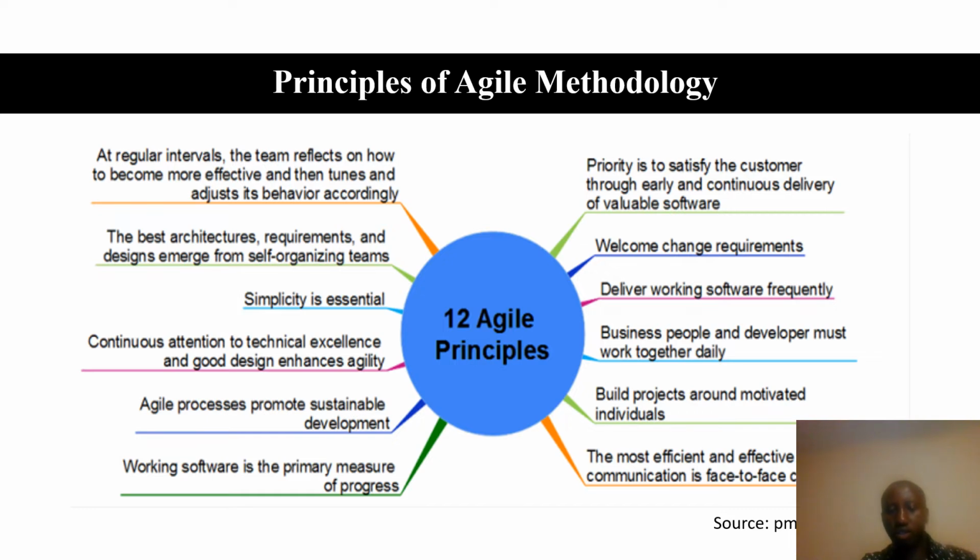Simplicity is essential. 11. The best architectures, requirements, and designs emerge from self-organizing teams. And 12. At regular intervals, the team reflects on how to become more effective, then tunes and adjusts its behavior accordingly.